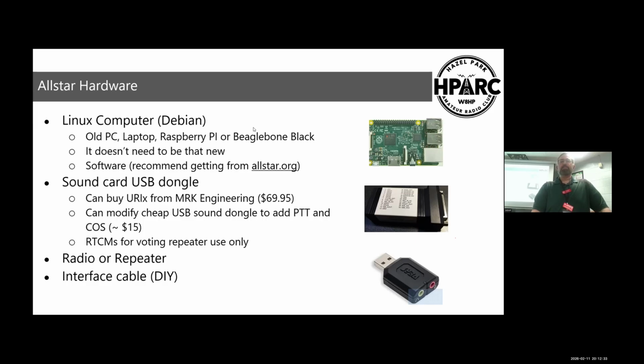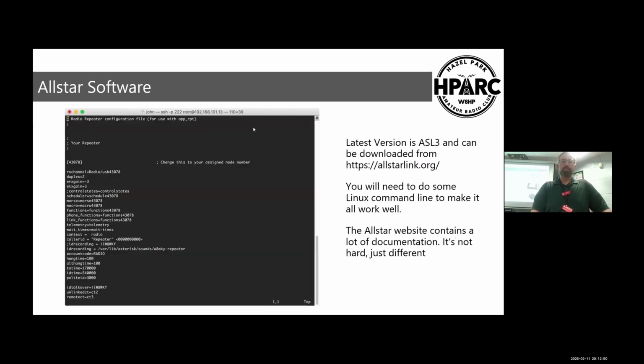RTCMs are another good option, but if you're not using them for a voting system and a repeater, it really doesn't make sense because they're a lot more expensive than the sound card interfaces. And then, of course, you'll need a radio and then the interface cable as well, but those are usually pretty straightforward. You will have to use Linux to get it set up, so there are guides for that.